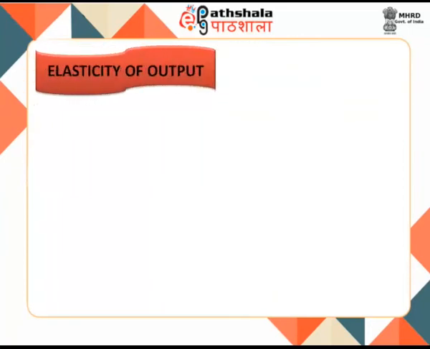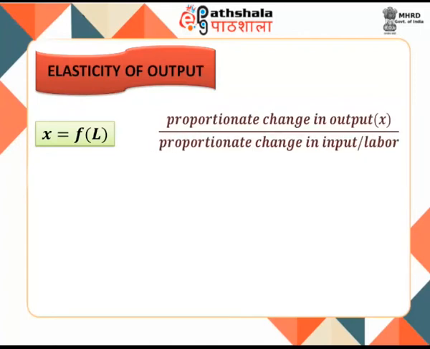Next is the elasticity of output. Given the production function x = f(L), the elasticity of output is given by the ratio of proportionate change in output x to proportionate change in the use of input, labor in this case.